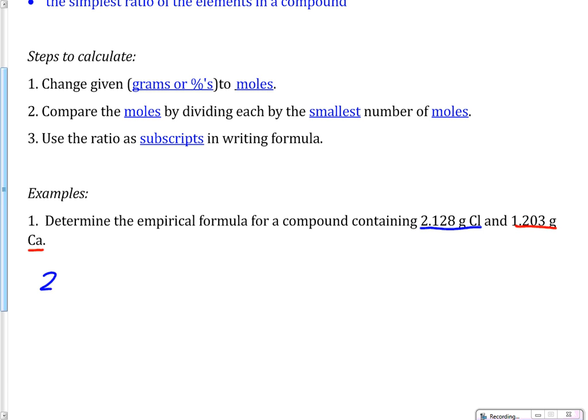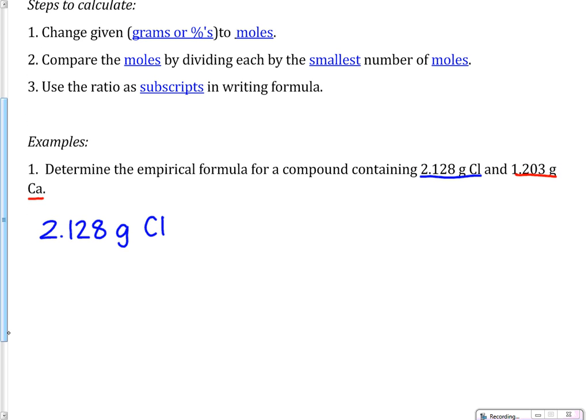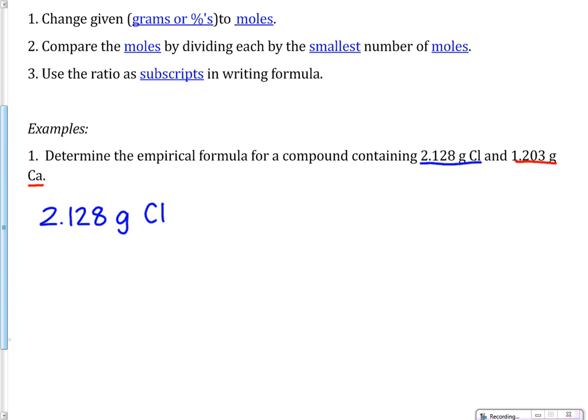The first was 2.128 grams of chlorine. And the second one is 1.203 grams of calcium.